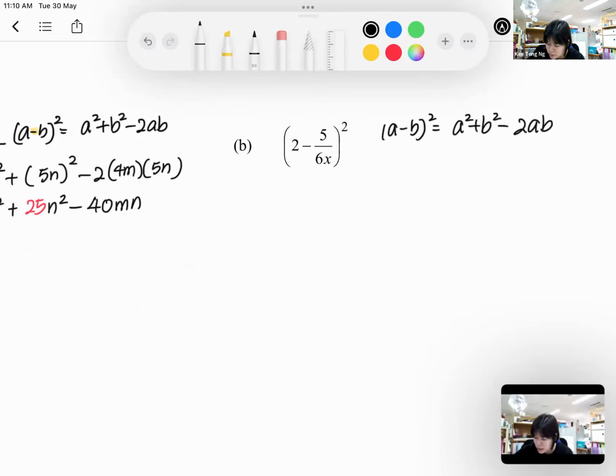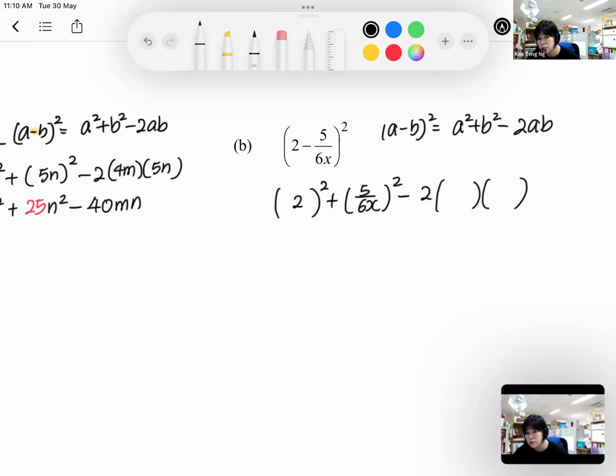So a is the number 2, b is 5 over 6x. Some students are asking me, do I include the negative sign? No, the negative sign is already taken care of, so don't worry, just take the letter itself, a and b.